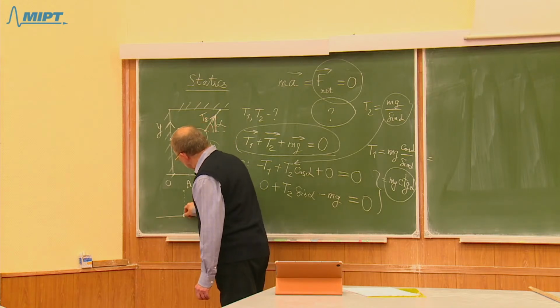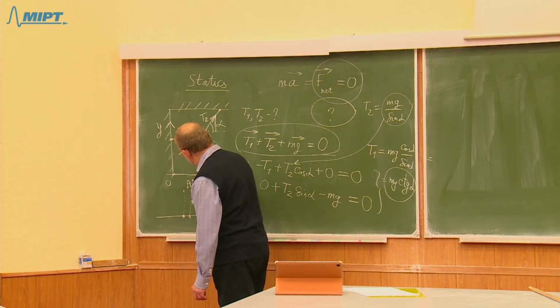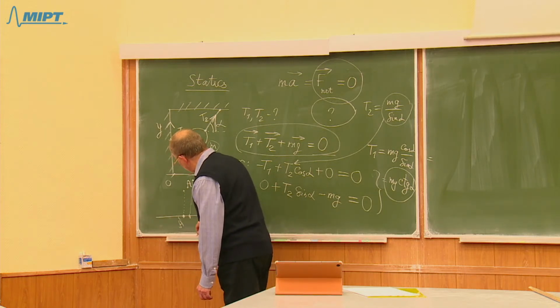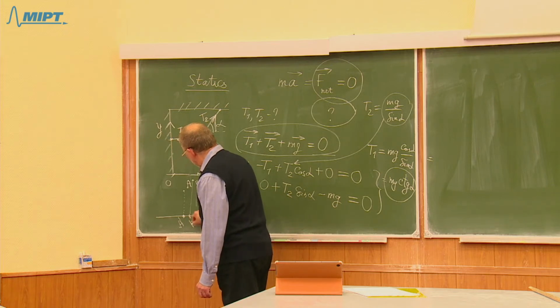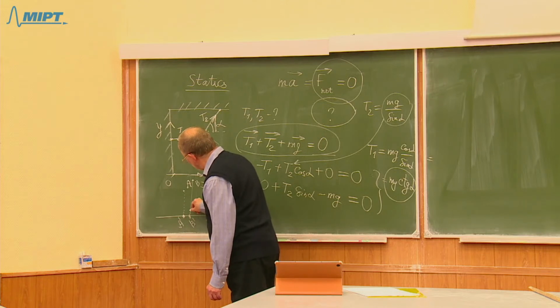If the end of the vector is here and the beginning of vector is here, that is the beginning of vector B. And so this is A prime and this is B prime, projections of vector.